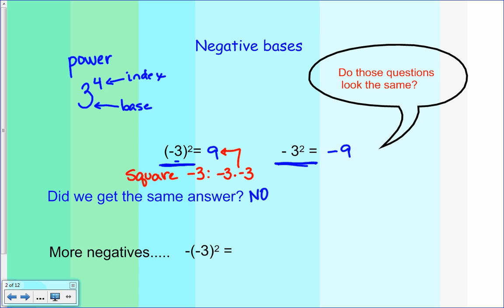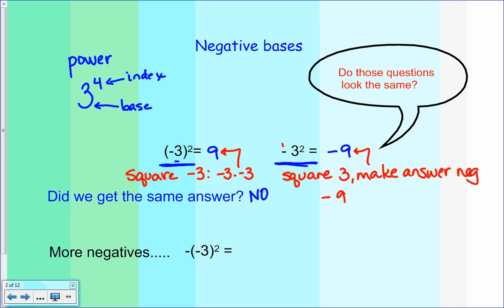The second one says square 3 and make your answer negative. So when you square 3, you get 9, and then you make it negative based on this negative right here, and you get -9. So we get different answers for these ones.